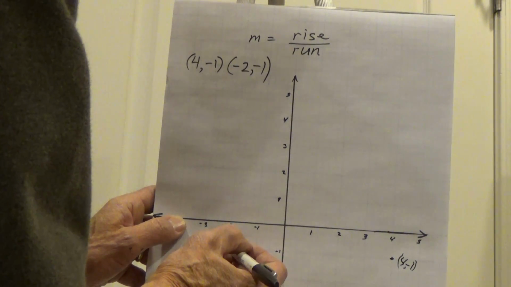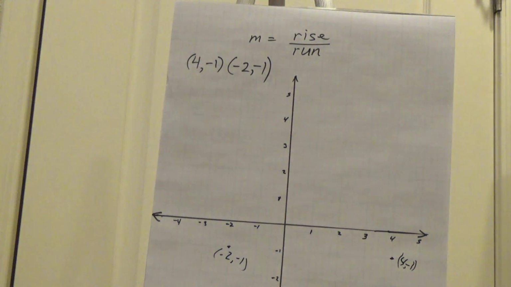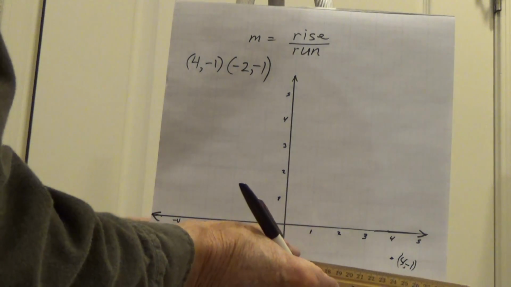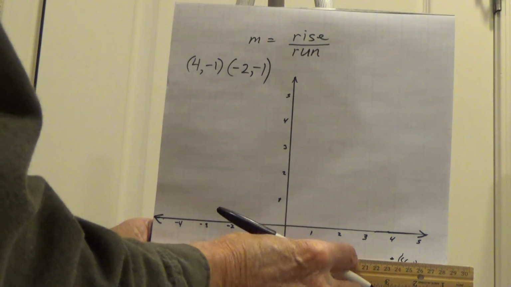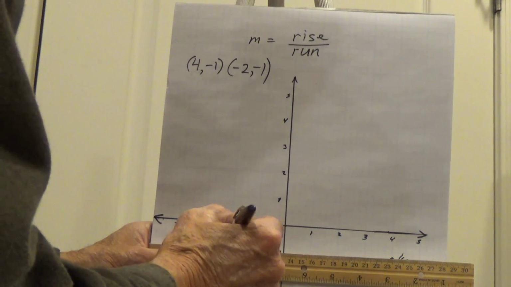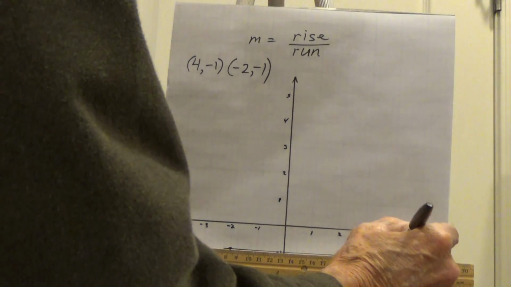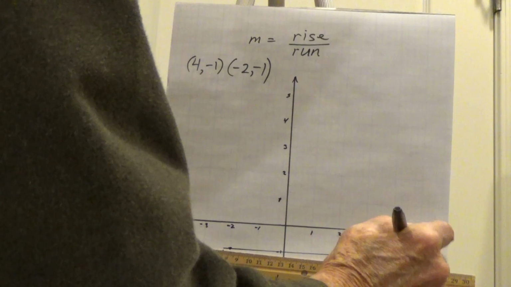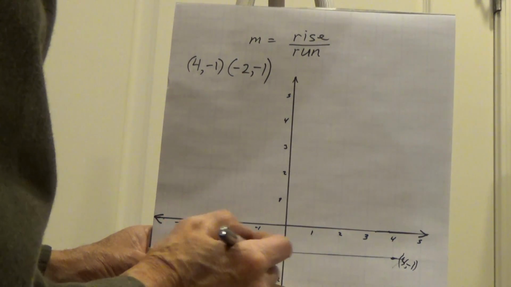So we have that point. Now, look at what that line looks like. This line is real interesting for our comparison of slope. And that's our line.